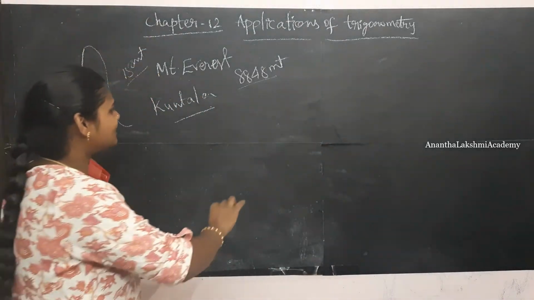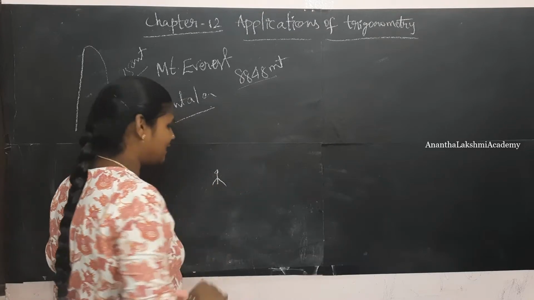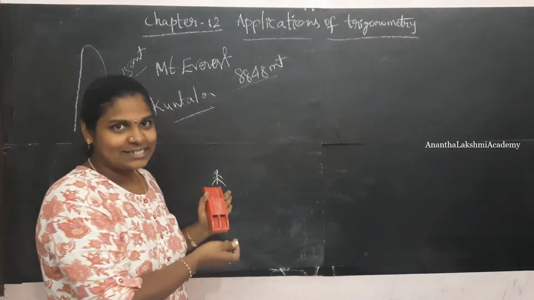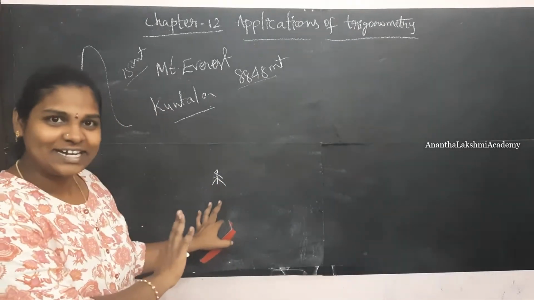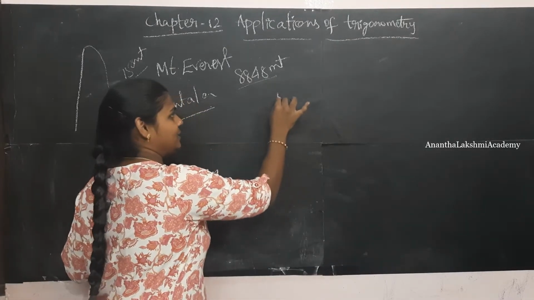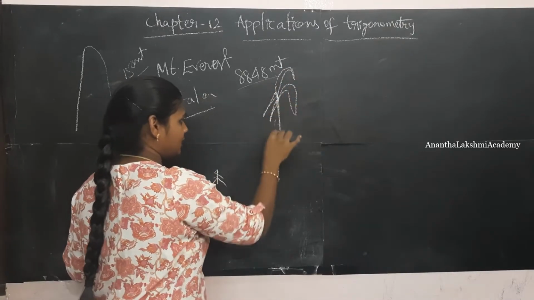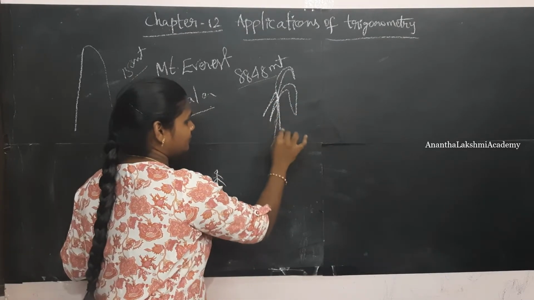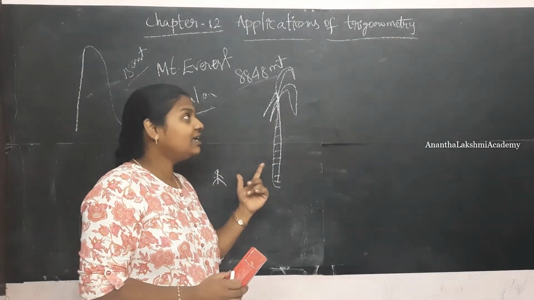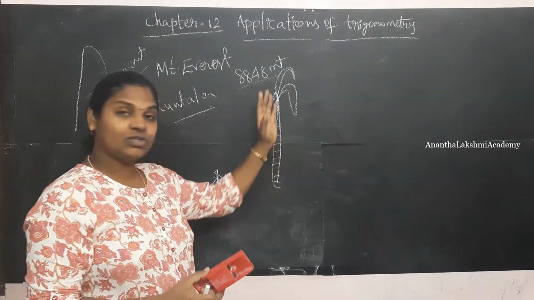So let me consider a simple example of a girl. Let me name her Vijaya. I'm a very bad artist, so consider this alien as Vijaya. Vijaya is trying to look at a very tall palm tree. Assume this is the palm tree. She is wondering how tall it can be, or how much is the length of this palm tree.